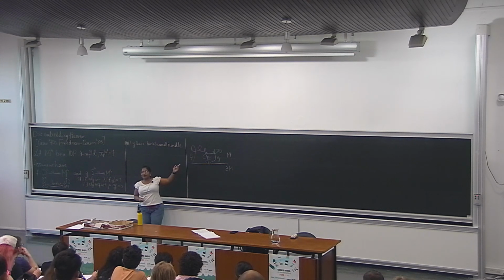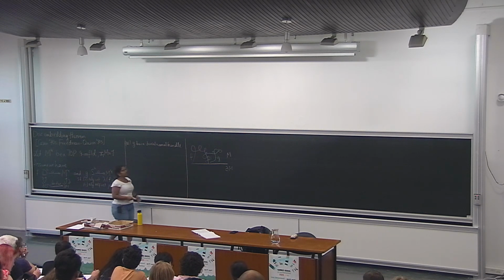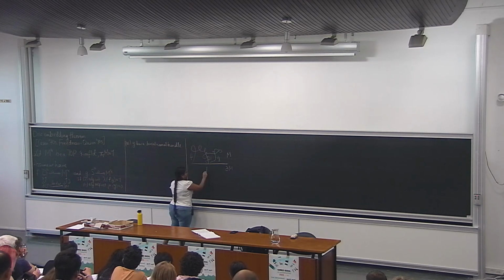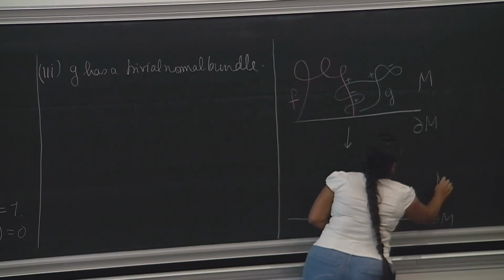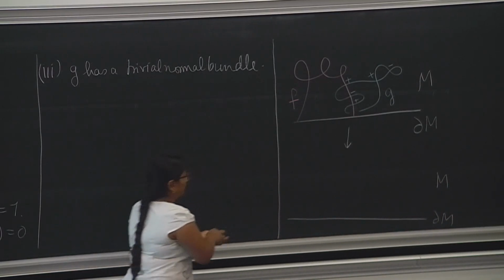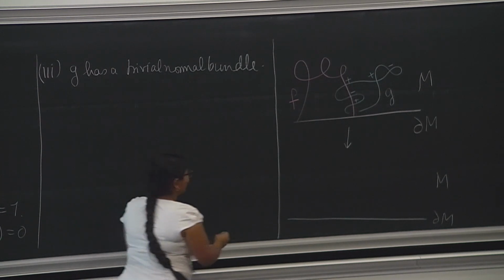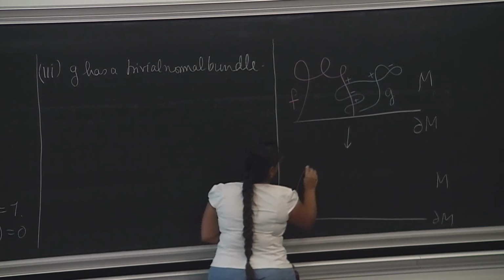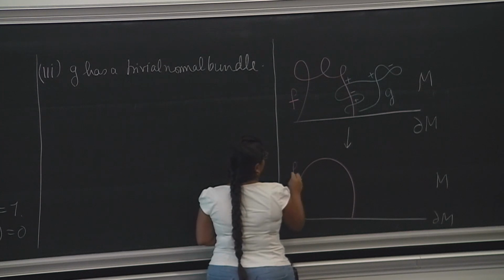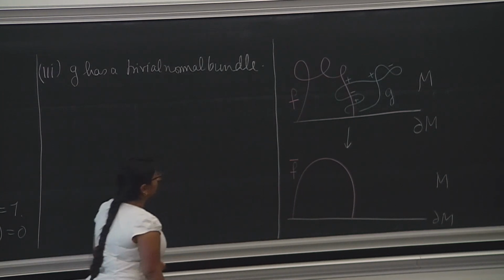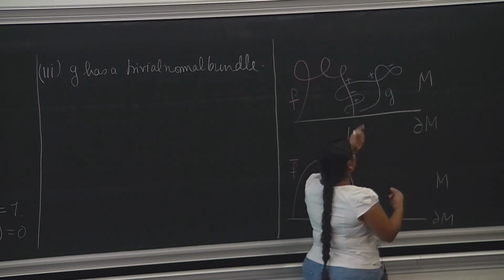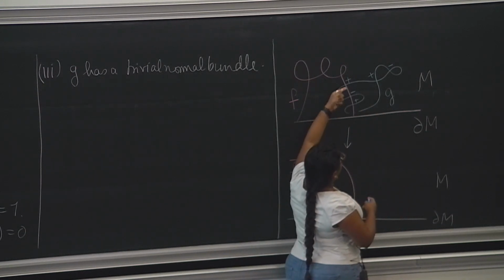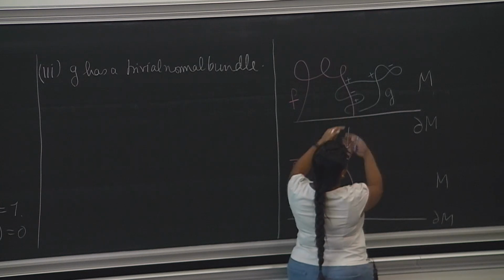So this is my input into the disk embedding theorem. The output is going to be, well, an embedding. I'm going to be able to replace my F with an F bar, and my G is not going to become an embedding, but this algebraic intersection was 1.